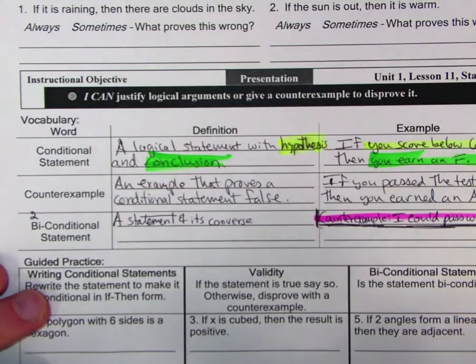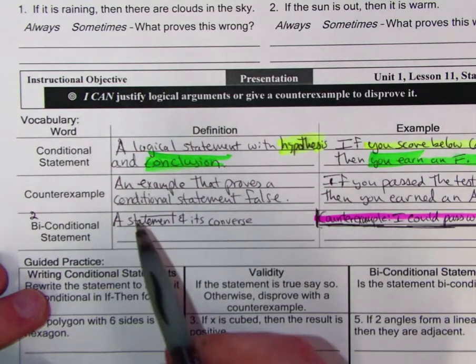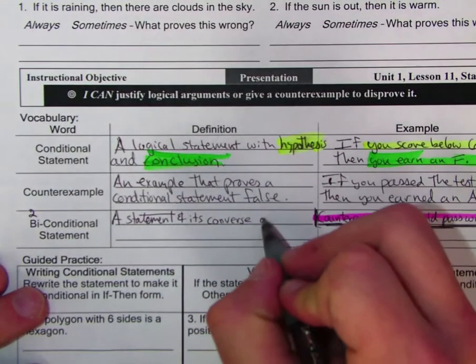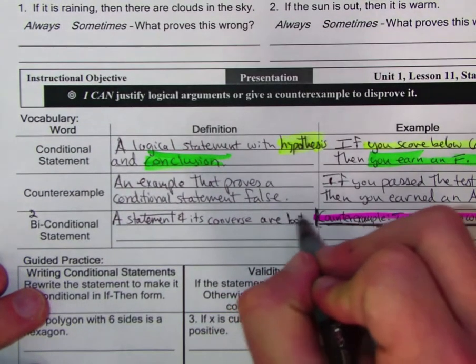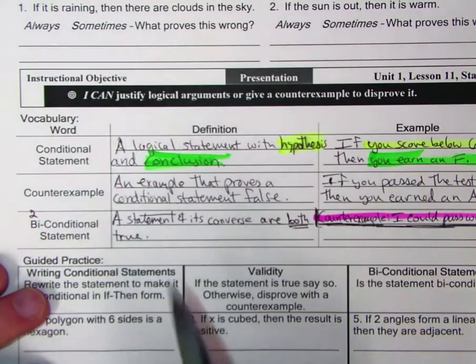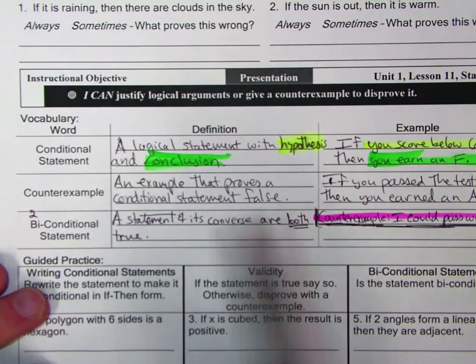What's the converse? Well, the converse is when you reverse the hypothesis and the conclusion. So it's when a statement and its converse are both true. That's when you could say it's biconditional. So it's true both ways.